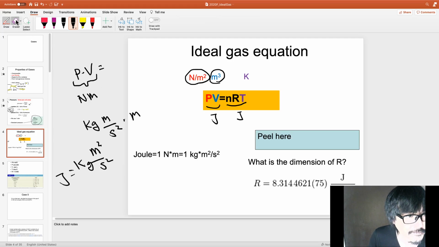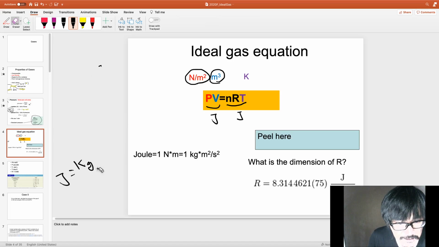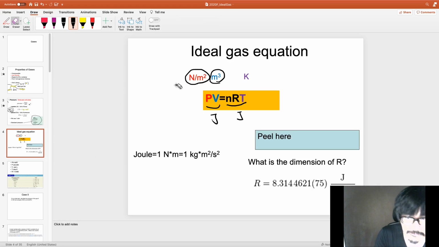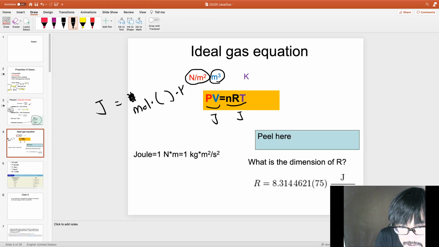Now, what does that mean? What is the dimensions of the R here? So we know that it's going to end up having the unit of joule, and n is actually the number of mole. I'm going to put the mole here, and then the R is something that we don't know, and then the T is a Kelvin, right?